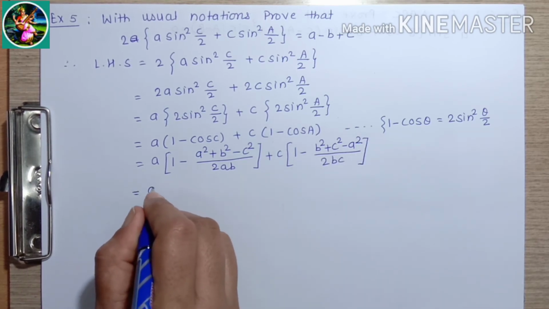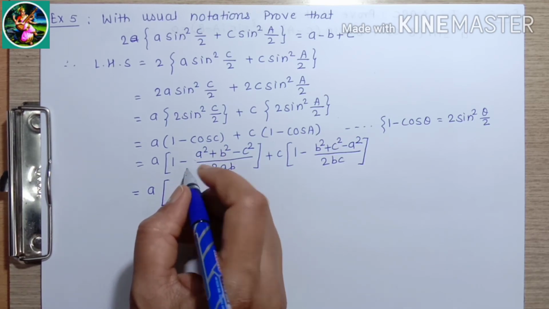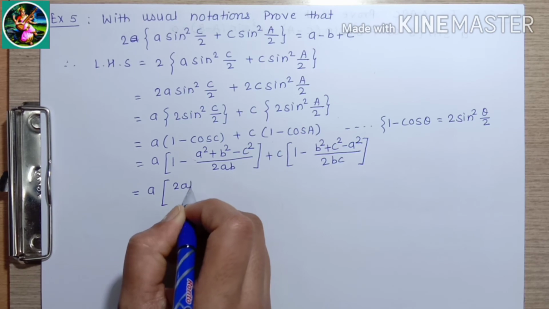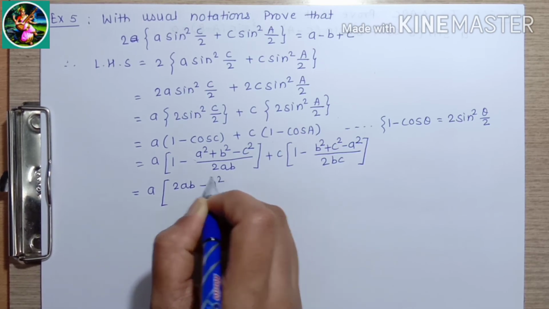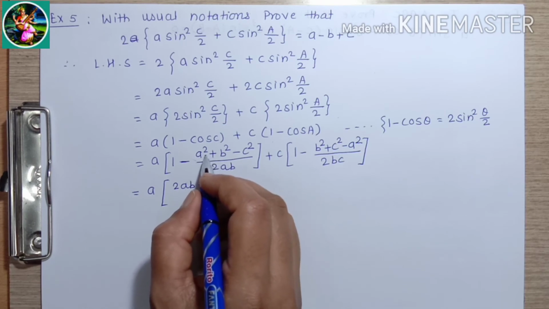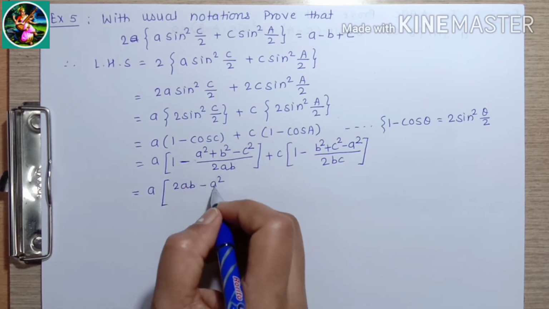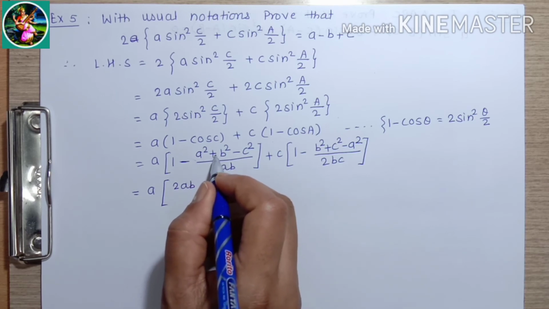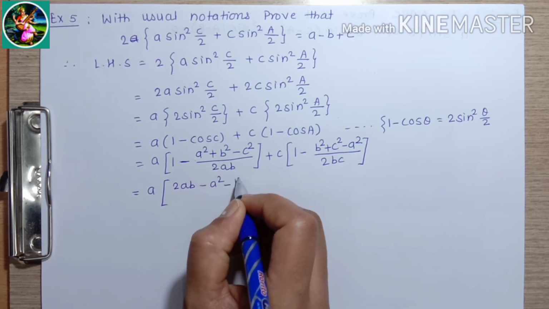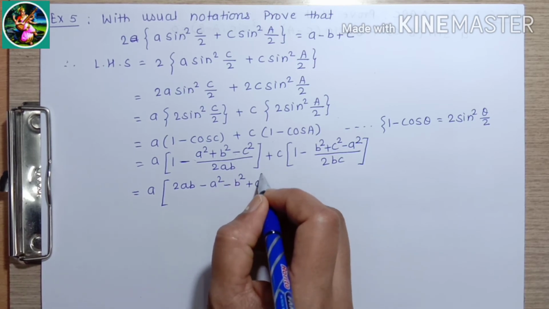That is equal to A into bracket. Here we take cross product. Therefore, here we get 2ab minus a square. Because of the minus sign, we change the signs of each term in that fraction. Therefore, here plus a square becomes minus a square, now plus b square becomes minus b square, and minus c square becomes plus c square.